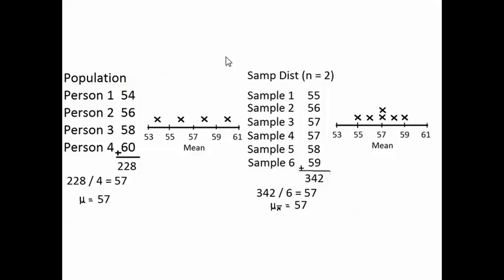This slide is just a visual of how the mean of the population equals the mean of the sampling distribution. In this figure right here, we can see the heights of the 4 population members, and we can see that the mean of the population is at the center of the population. These 2 people are below the mean of the population, and these 2 people are above the mean of the population.